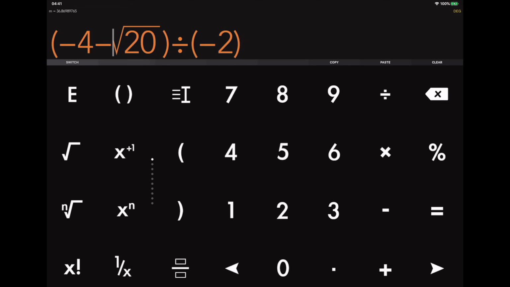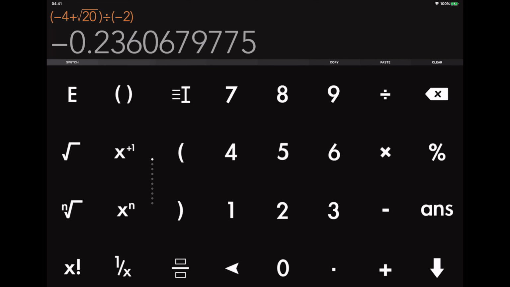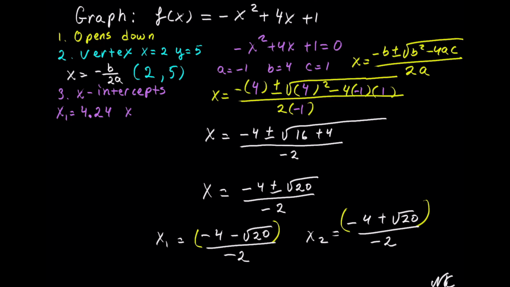Let's calculate x2, which is exactly the same thing, except instead of minus, we have negative 4 plus the square root of 20 over negative 2. This is equal to about negative 0.23606797775. Let's round this off to 2 decimal places as well, and we get x2 is negative 0.24.